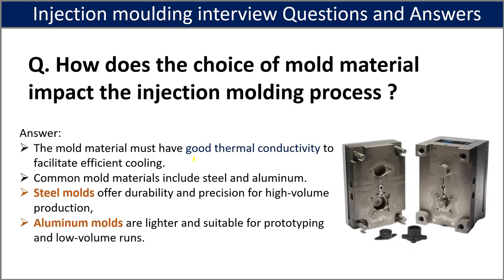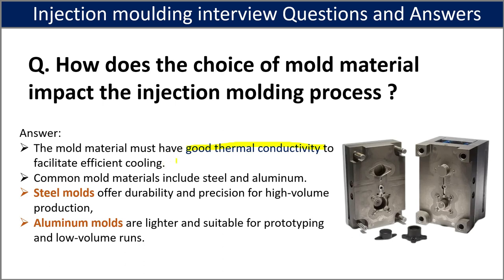Next question is, how does the choice of mold material impact the injection molding process? The mold material must have good thermal conductivity to facilitate efficient cooling. As we discussed in the last question, most of the cycle time is consumed by the cooling stage, more than 50% of the cycle time.